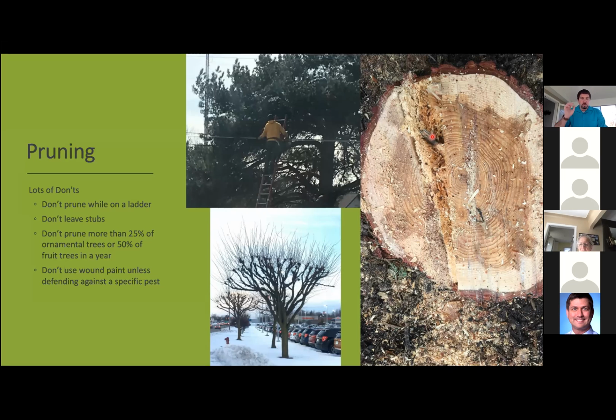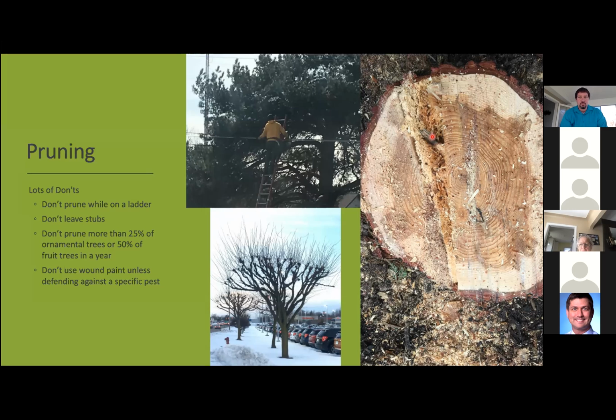If you're going to be pruning, you need to make sure that you don't over prune your tree in a single season. So on most trees, 25% of the canopy is all that you should be taking off. If you take more than that, you're going to cause stress to the tree, and it could cause the tree to die. The leaf area, that's where the tree gets its food. And if you take half of its food away, it's probably going to starve to death.